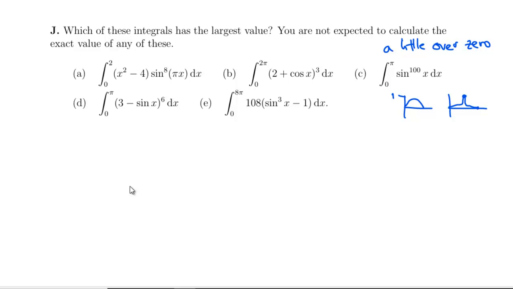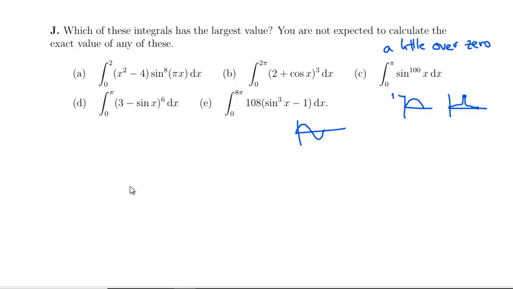So going up to 8 pi, you've got sine cubed minus 1. I think we're just going to have to try and pick these off one at a time, really. So sine cubed minus 1, well, shifting it all down by 1 means that it is going to be all below or on the axis, isn't it? Because we start off with our sine, going up to 8 pi, but even if you just do one loop, we can do this 4 times.